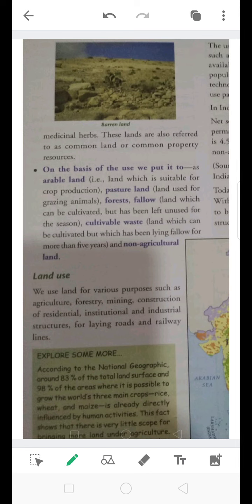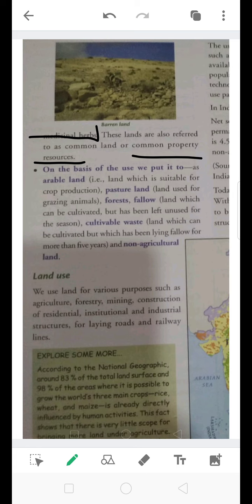So either the community has taken the land for its own purpose, they are growing crops over there, rearing some cattle over there, growing some medicinal herbs over there, so the community may take the land for their own ownership. These lands are also referred to as common land or common property resources.